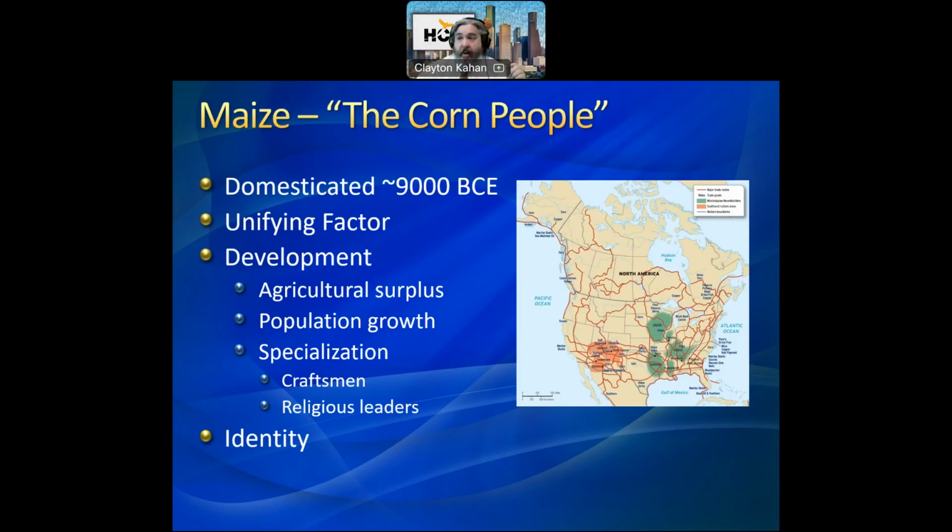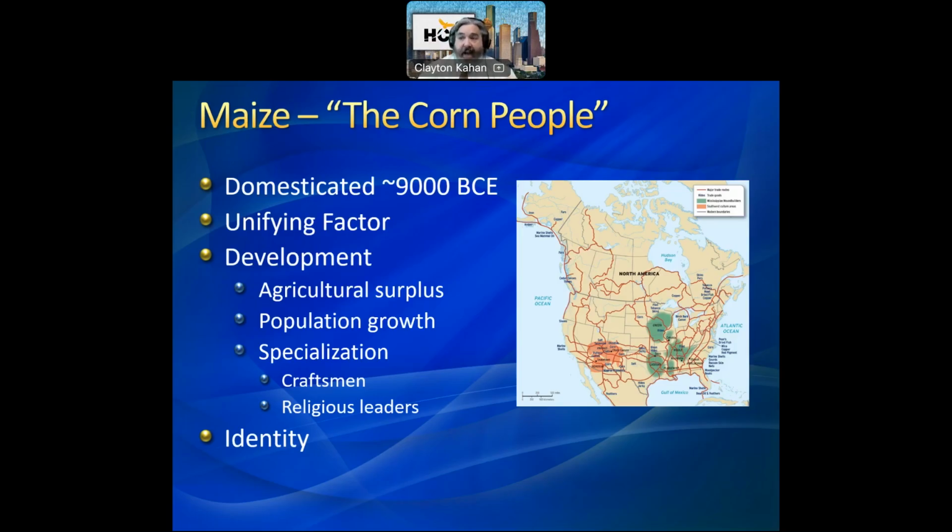In Mesoamerica, though, it's not just a dietary staple. It plays a central role in everything. It plays a central role in ritual. It plays a central role in ceremonies, in addition to being their staple food crop. The growth of corn, for example, leads to a ton of cultural change.